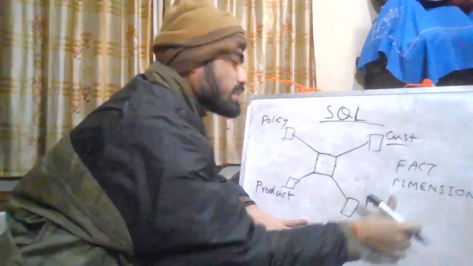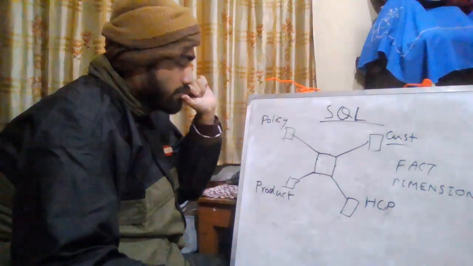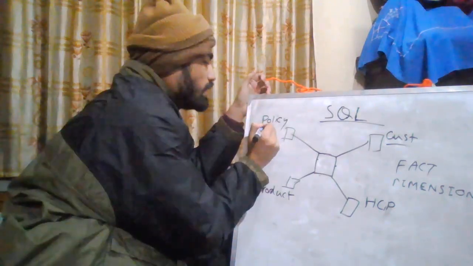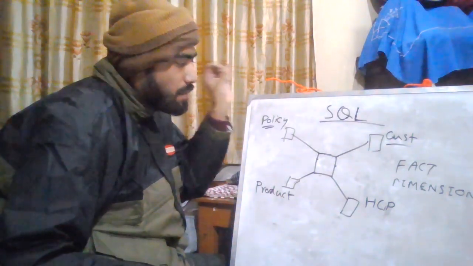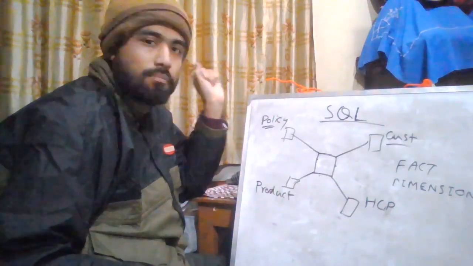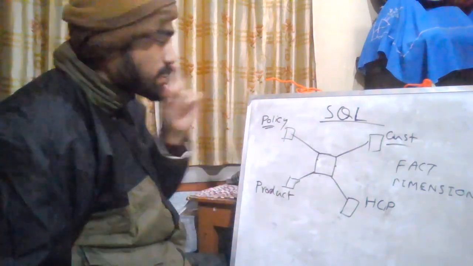Hospital related policies are there. I'm just taking a few generalized examples. Now, there must be a few key parameters that are very unique and very important for the policy table, product table or cust table.